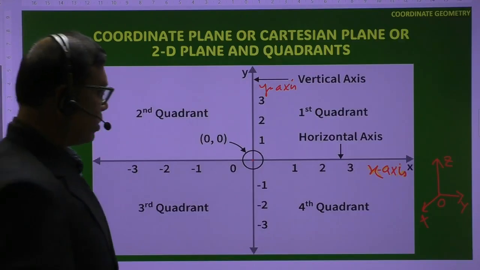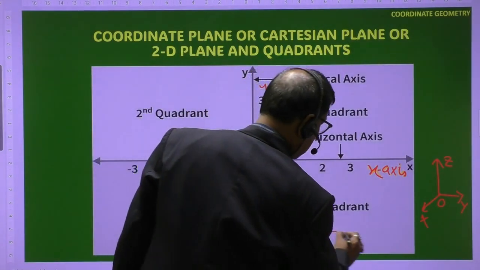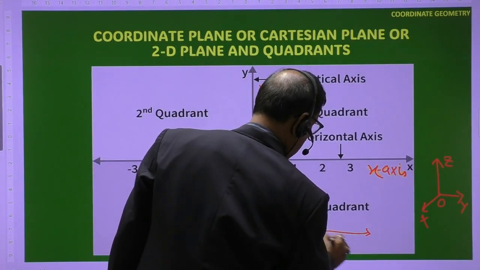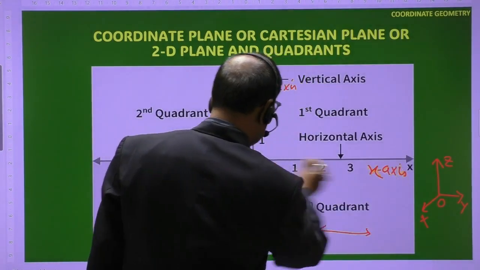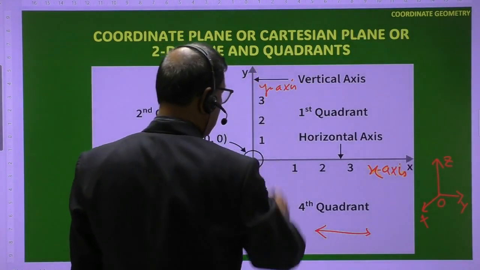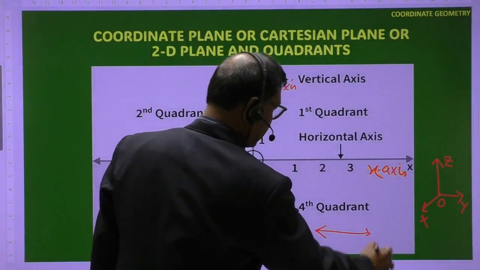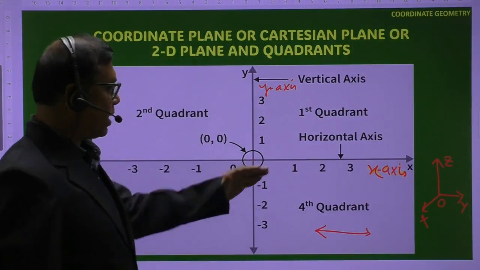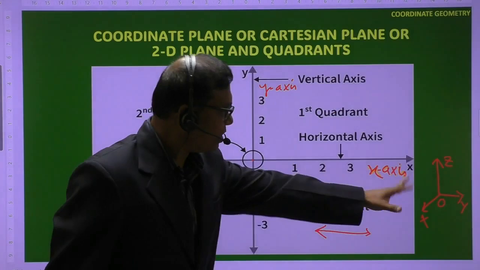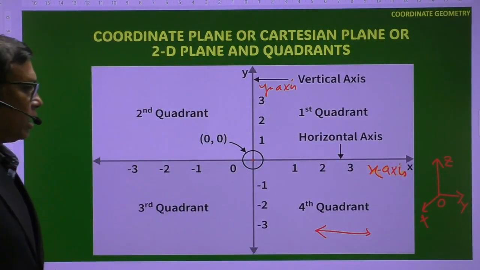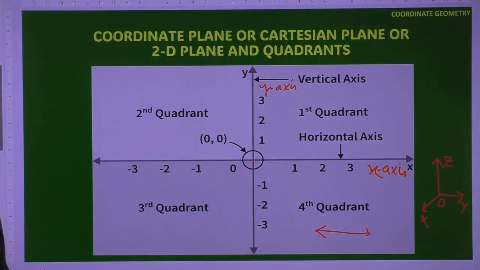When only one line, say only x-axis or only y-axis, that is the real number line, that is 1D plane. So 1D plane, 2D plane and 3D plane. I think this part is clear.